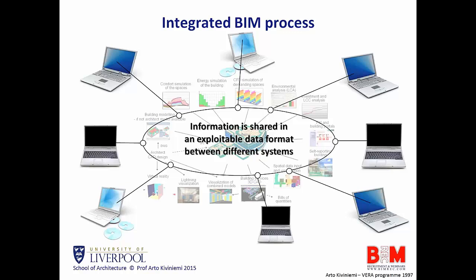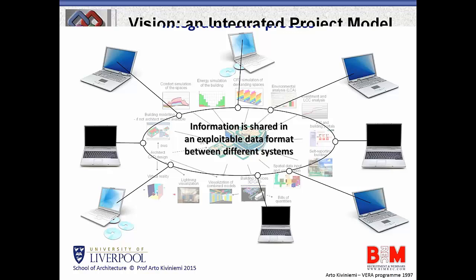Computers must be able to understand the semantics of the model that we are sharing. And in the drawing environments, the traditional document environment, it's not possible for computers to utilize that information because it's, as said, human readable.